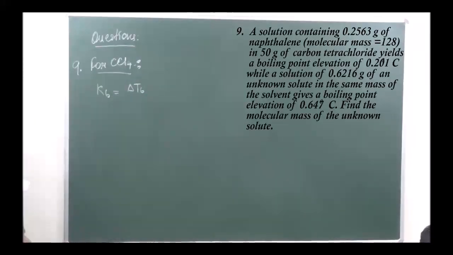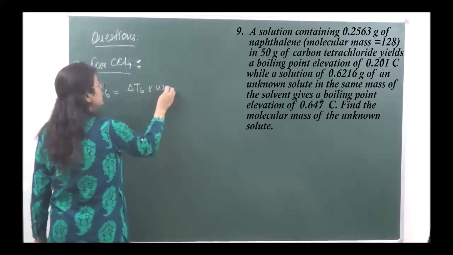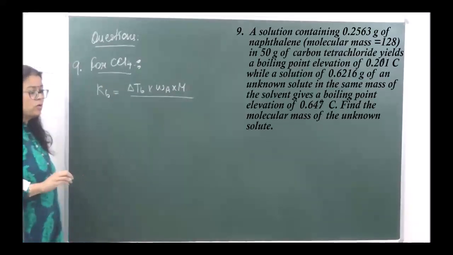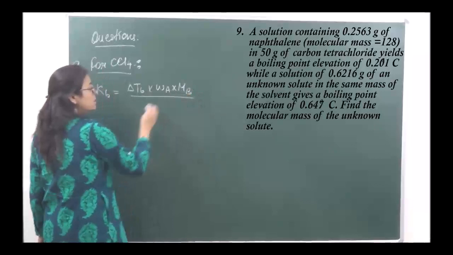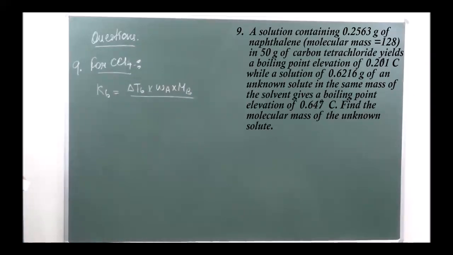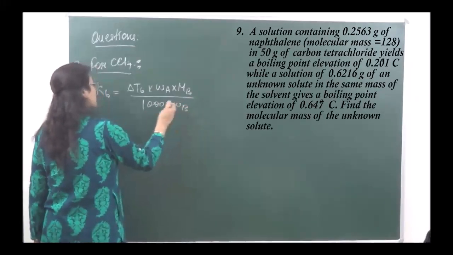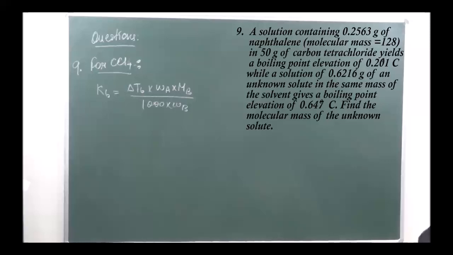Okay, so Kb will be equal to delta Tb into Wa into molecular mass of the solute, right, divided by 1000 into Wb. This is what Kb is going to be. Kb is not given to us, we have to calculate Kb. So let's put in the values in the formula.